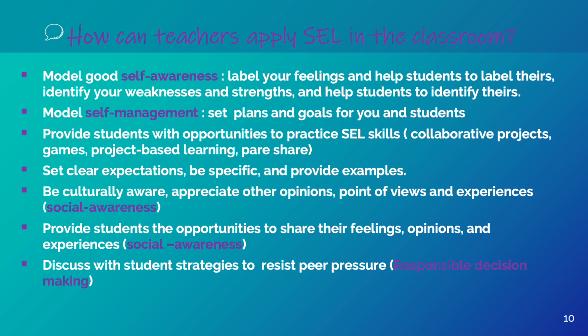We're going to share our opinions and views and work together, and whatever personal feelings you have toward that student, you put them aside and you get things done. We explain how to behave professionally, how we're supposed to act in the adult world. We're culturally aware, and we appreciate other opinions, points of view, and experiences.